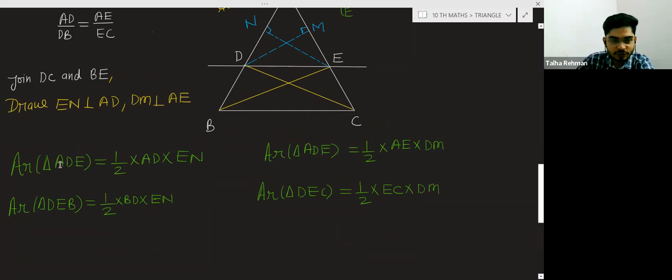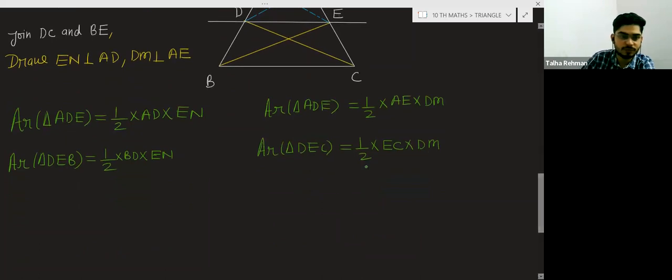Now we will take the ratio of this area and this area. So ratio of this area and this area means we will divide this area with this area.